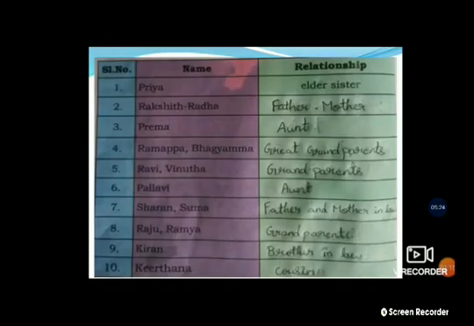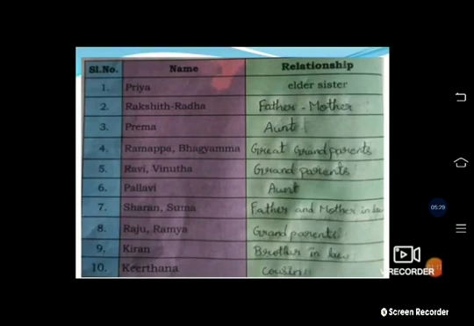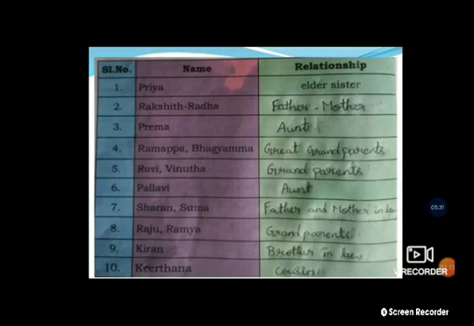Then see the relationship between Manu and her family members. Priya is the elder sister of Manu, and Rakshit and Radha are father and mother. You know already, you are observing it in the flow chart, Manu's family tree. Prema is aunt, and Ramappa and Bhagyamma are the great grandparents. Ravi and Vinuta are grandparents.